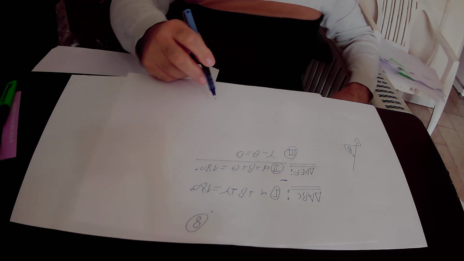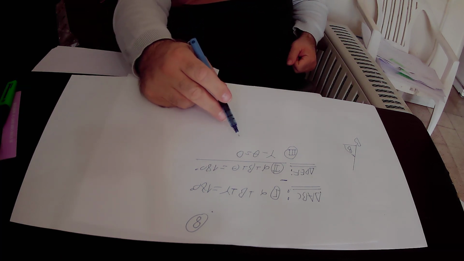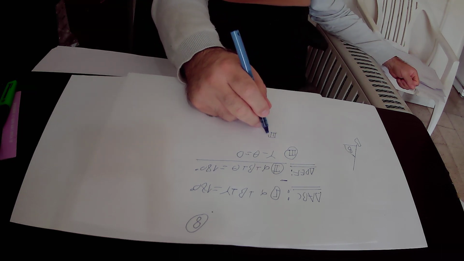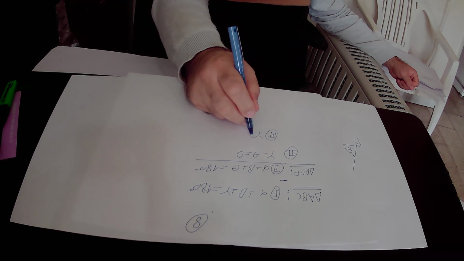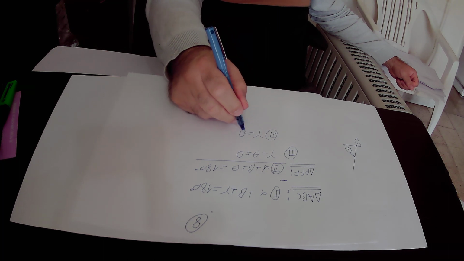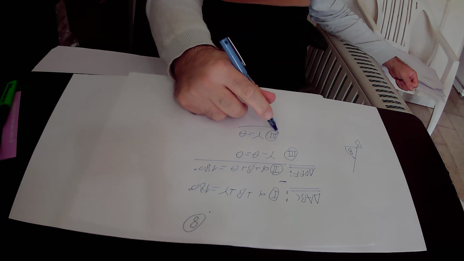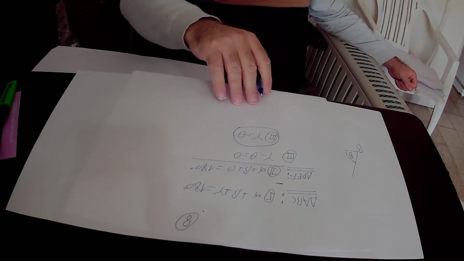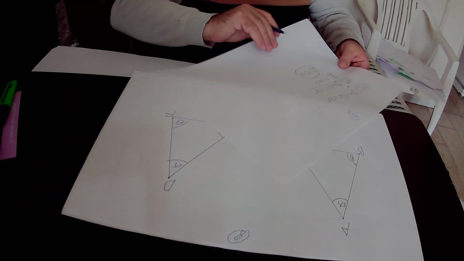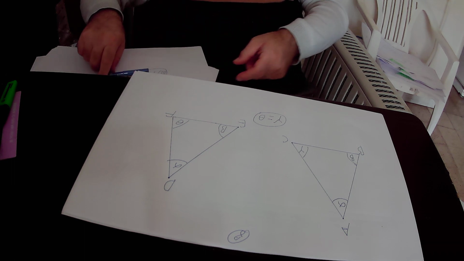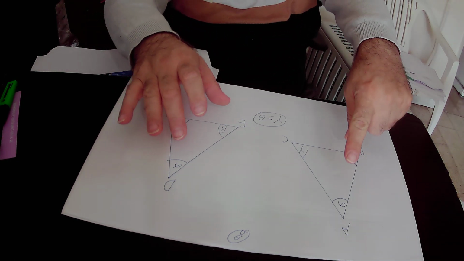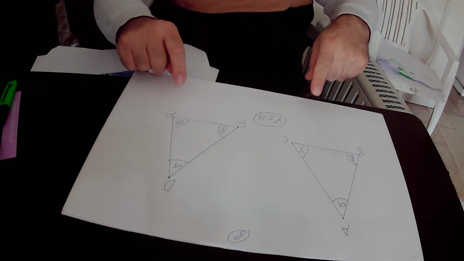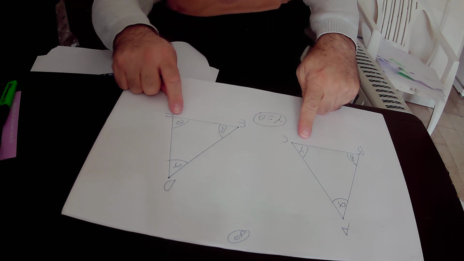Here we will add theta to equation number 3, and we will get that angle gamma equals angle theta. And we proved what we wanted to prove, because we actually proved that if we have two pairs of angles that are congruent in two triangles, then the third pair of angles must also be congruent.